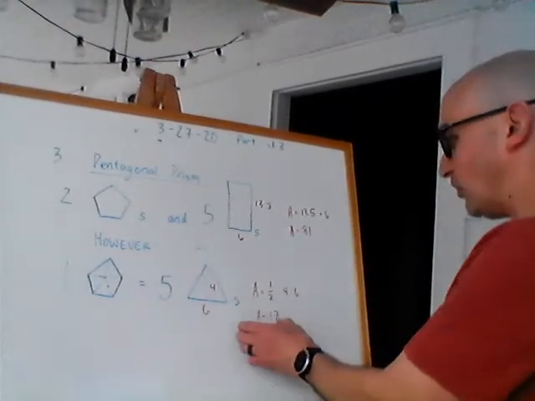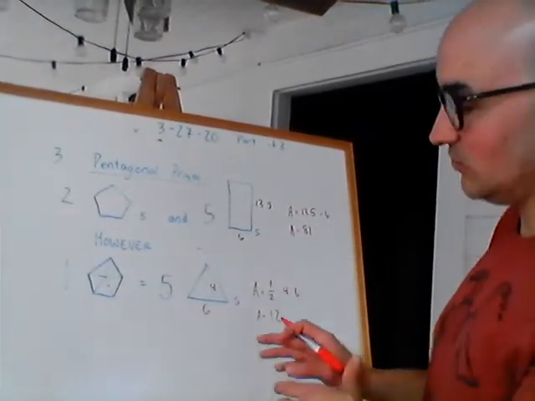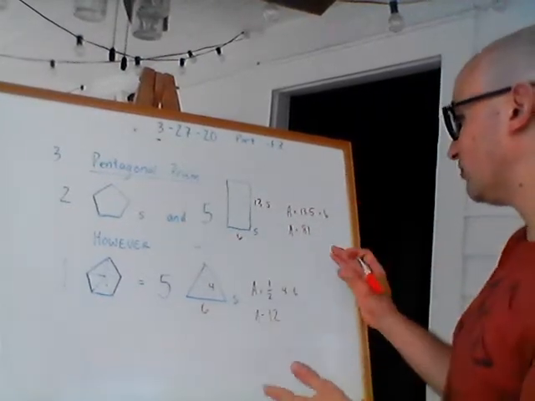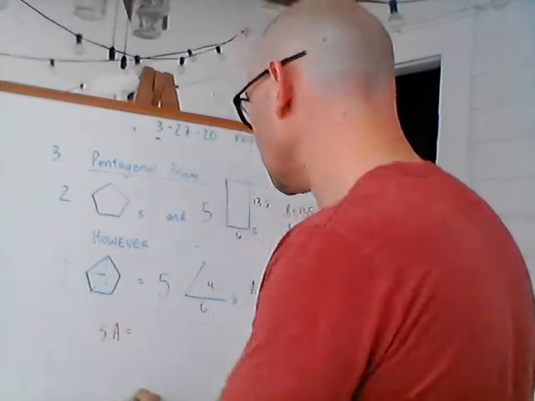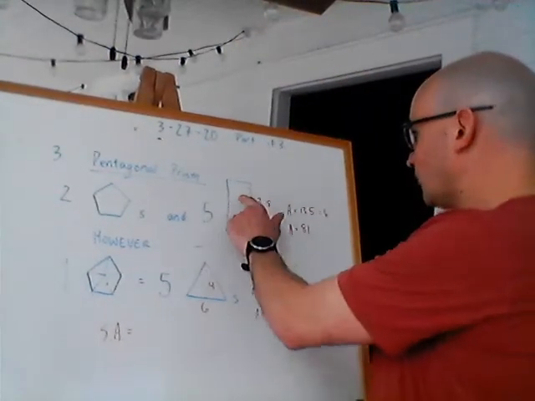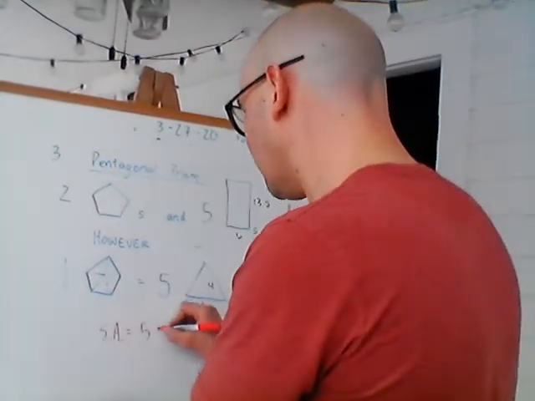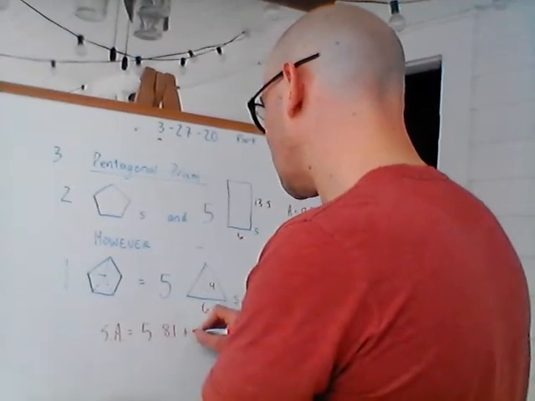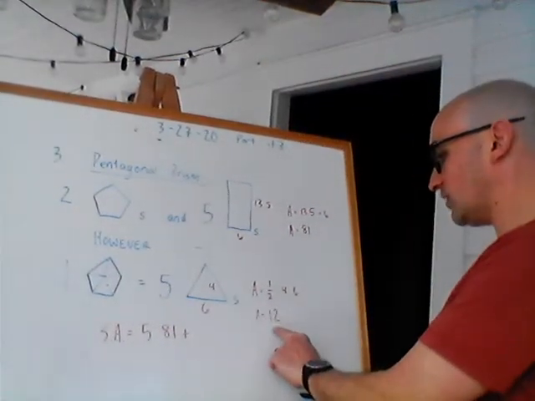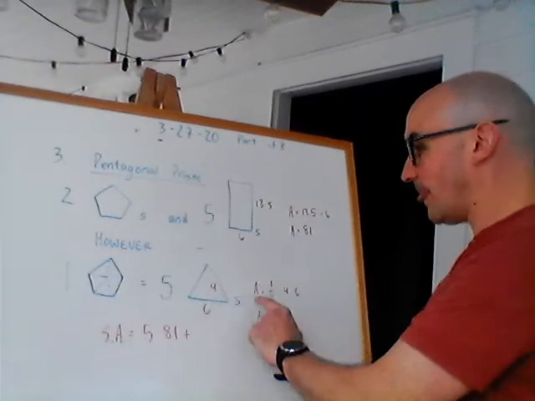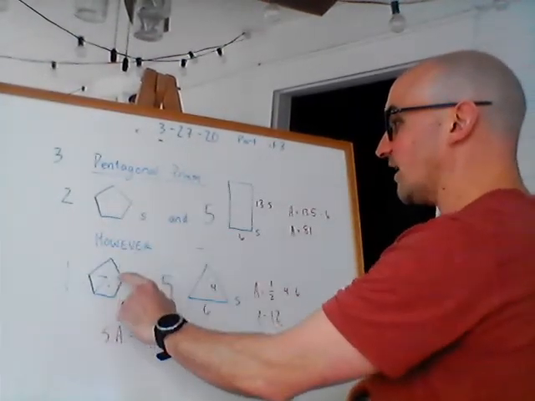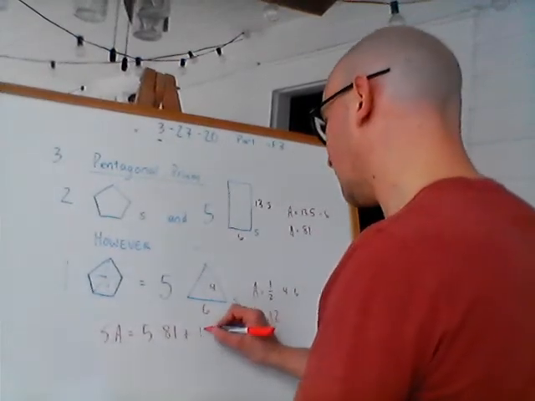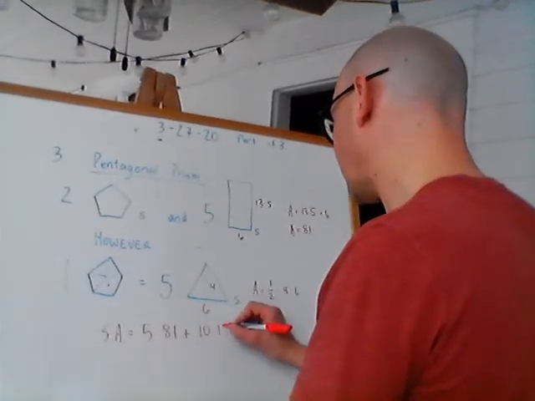Now we've got the answer to the question partially solved, but we have to put them all back together. So surface area equals, we have 81 for one rectangle, we have 5 rectangles, so we're going to write 5 times 81, plus we have an area of 12 for one triangle, we have 5 triangles, and there are 2 sets in here, so we're going to do 10 times 12.